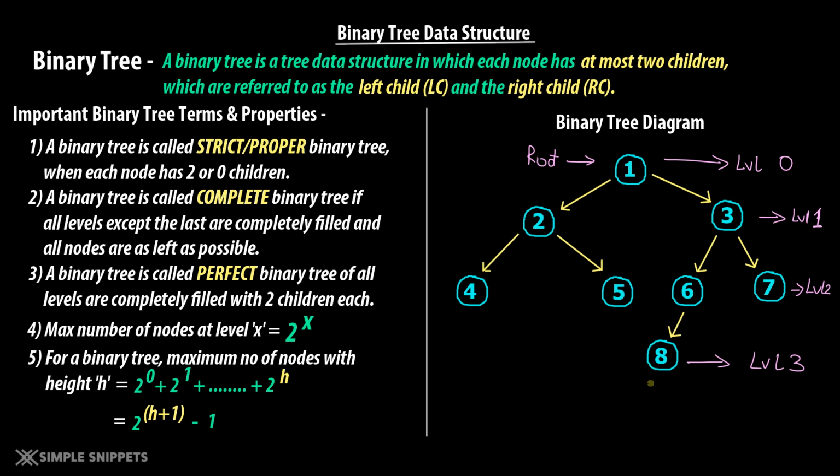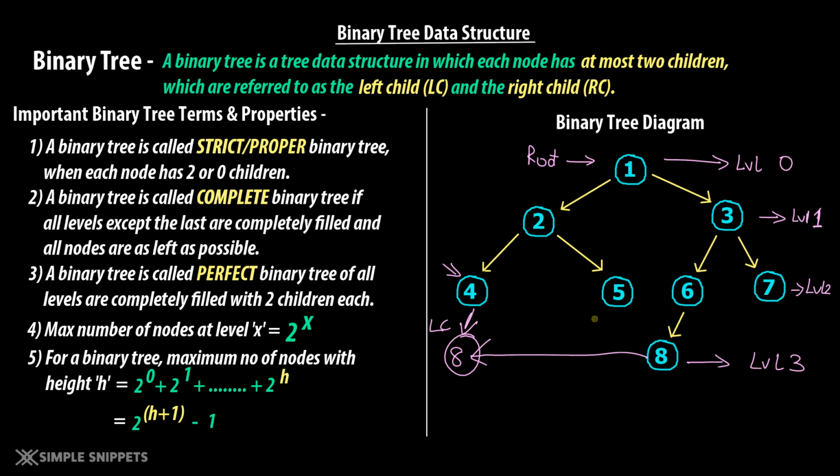Coming to the last level, that is level 3, we have 1 node, but this is not to the extreme left. When you talk about level 3, the last level, it has to be at the extreme left, which means that 8 has to come over here and be the left child for node 4. Only then can it be considered a complete binary tree.